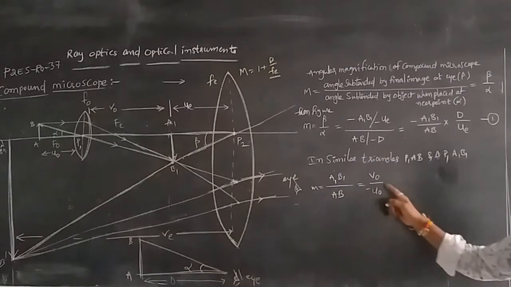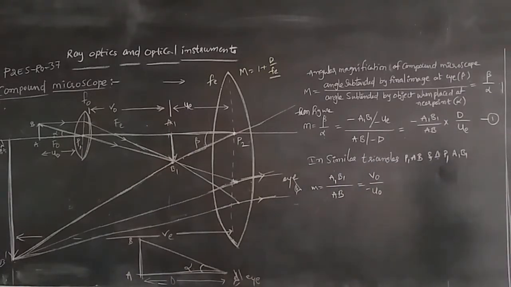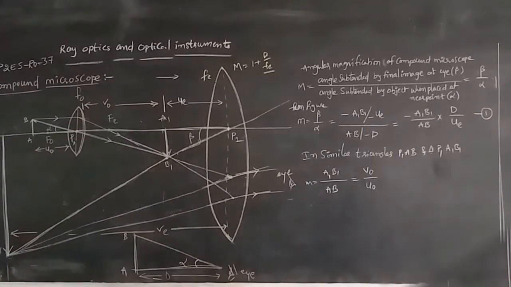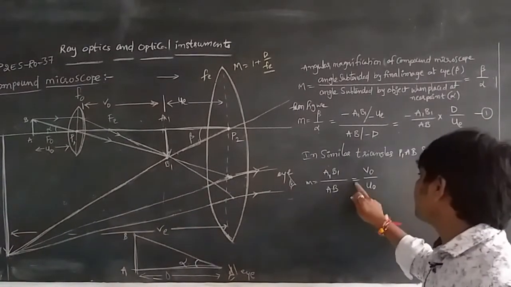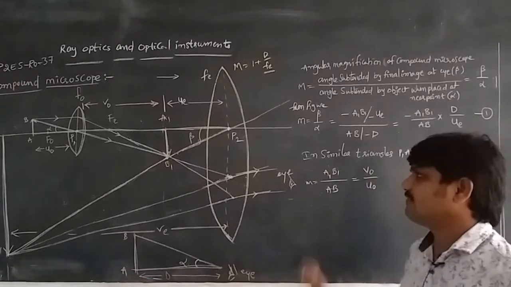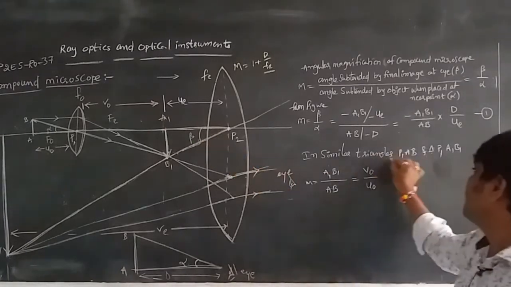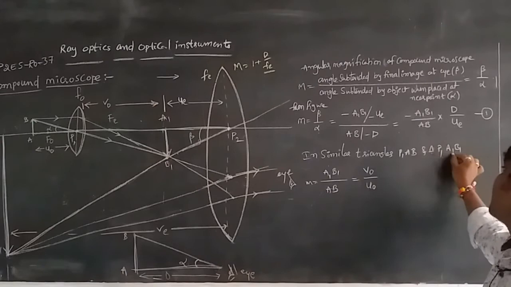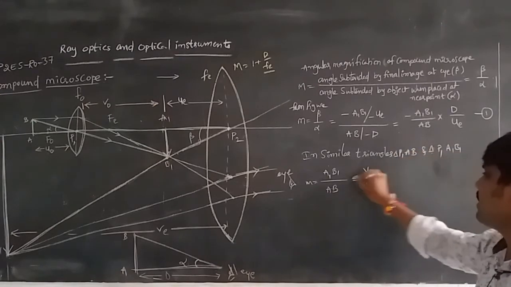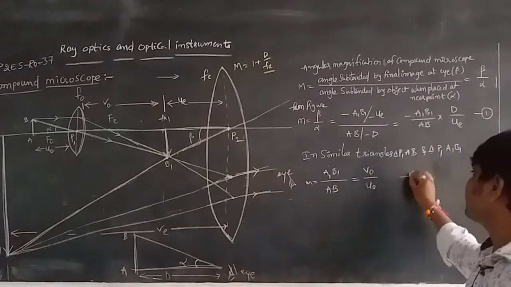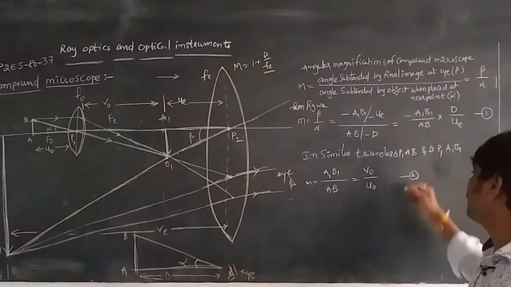So A1 B1 by AB is equal to V naught by U naught, from the similar triangles P1 AB and P1 A1 B1. Consider this as equation number 2.